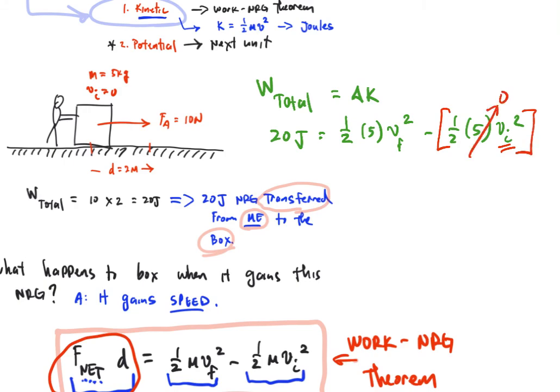And I get 20 equals 1/2 of 5 is 2.5 v squared. And then that leads to, if I divide both sides by 2.5, I get 8 equals v final squared. So v final is the square root of 8, which is, I don't know, what is that, like 2.8-ish meters per second. So that's how we can use the work-energy theorem.